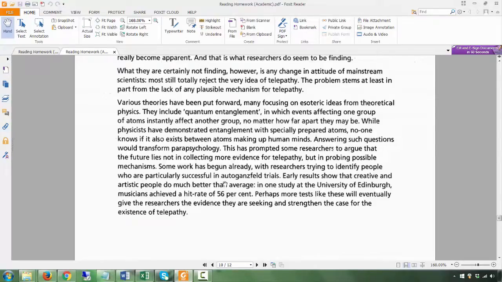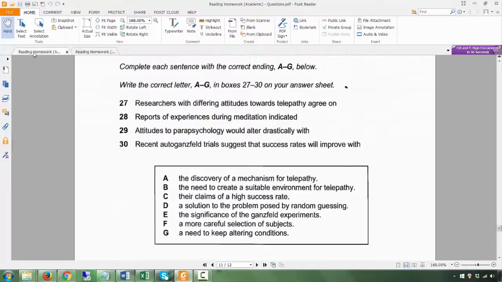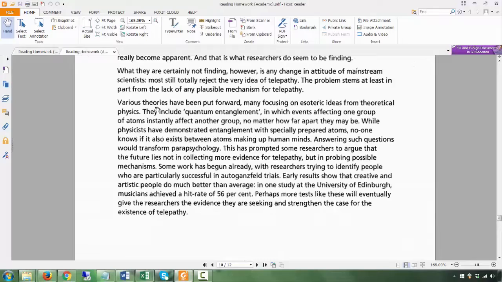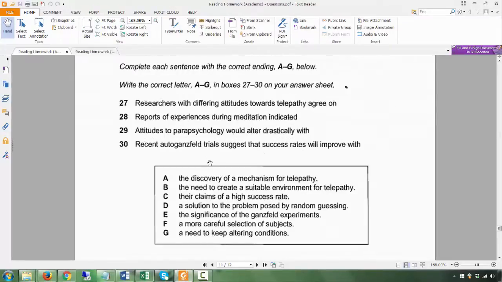So what suggests that success rates will improve with a more careful selection of subjects? Because who are the successful subjects? Creative and artistic people. So if you carefully select such people, then their success rates will improve.